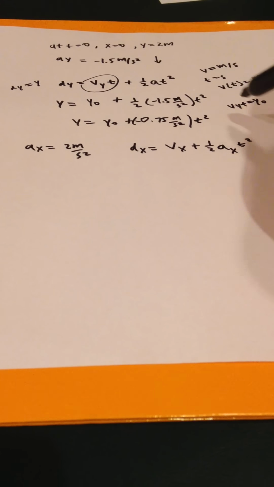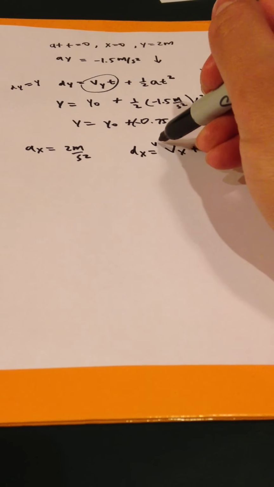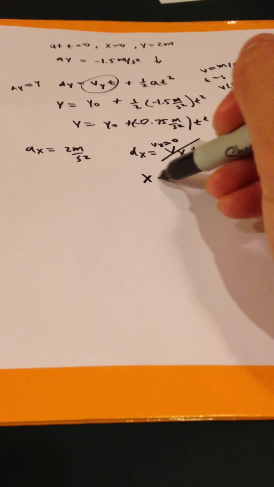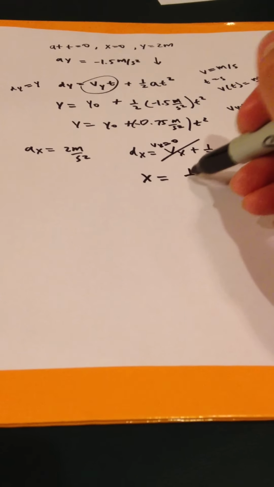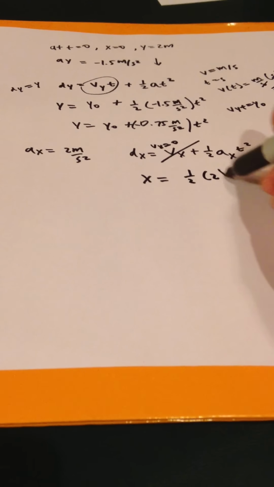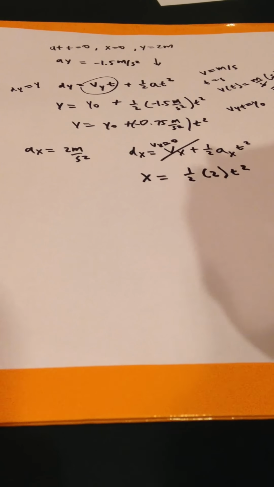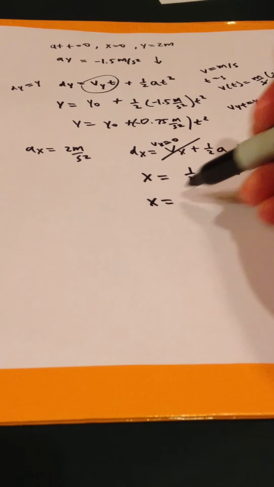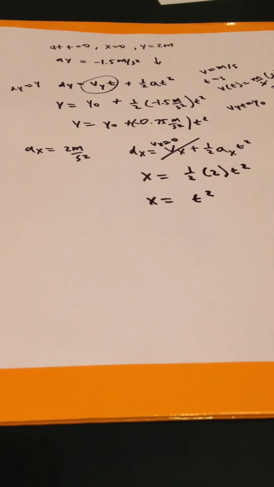And we know that the velocity in the x direction is equal to 0, so that cancels out, and we have x equals 1/2 times 2 times t squared. If we simplify this, we get x equals t squared.